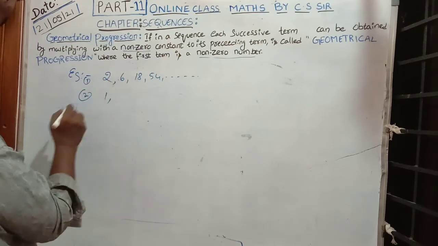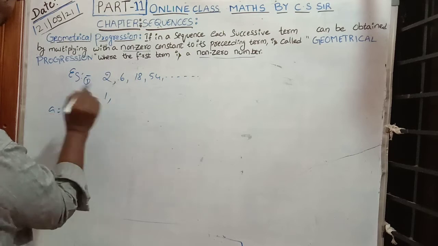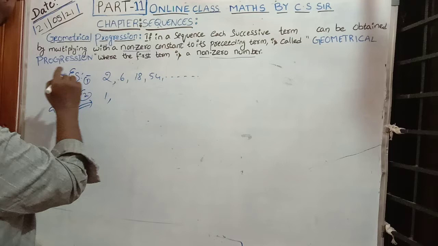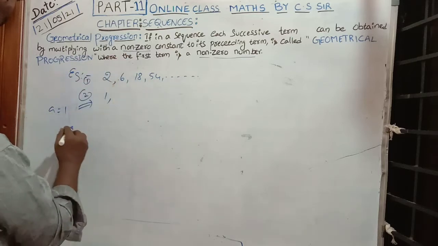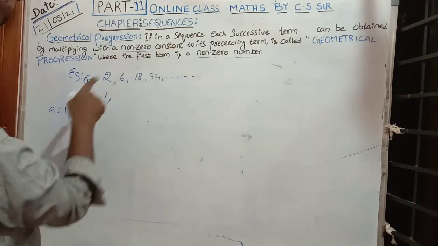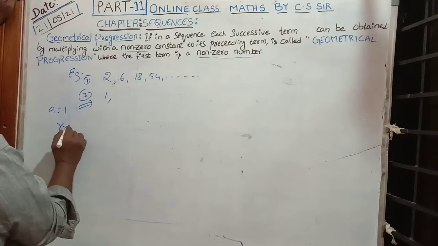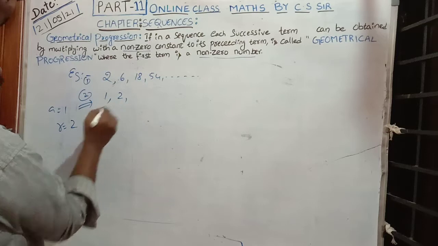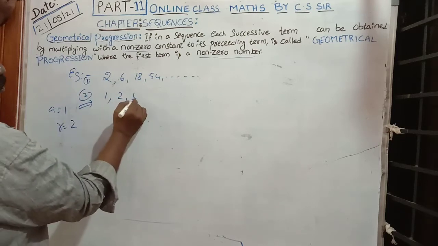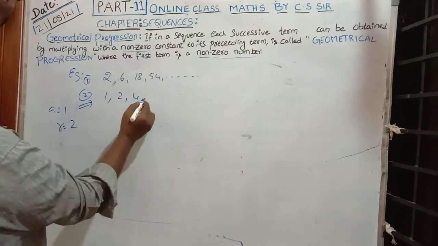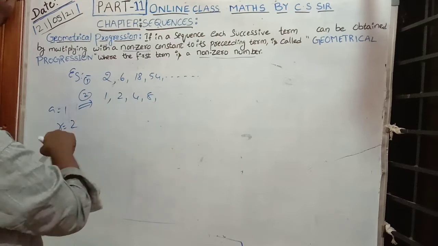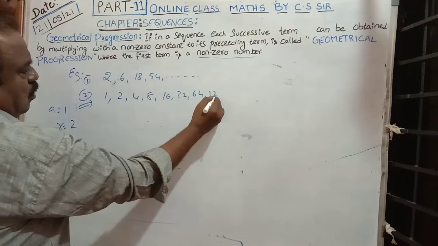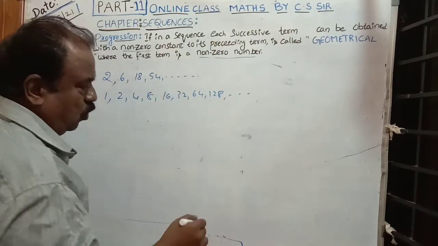Suppose the first number is 1, A is equal to 1. And that constant, non-zero constant, the notation is R. It is 2. 1 into 2 is 2, 2 into 2 is 4, 4 into 2 is 8, 8 into 2 is 16, 32, 64, 128. Like that, it is going on.